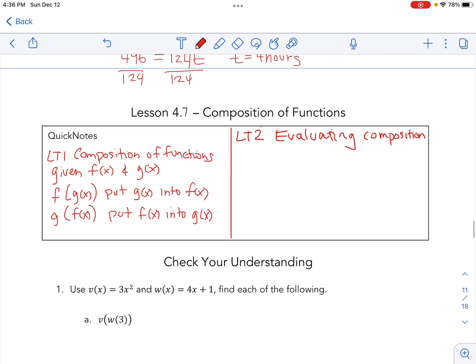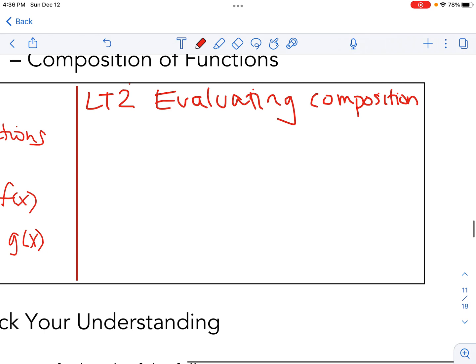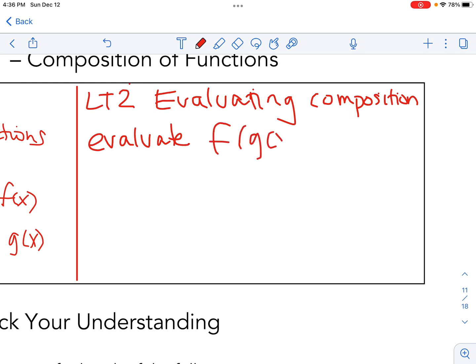So I'm trying to think of some generic way of saying this. So if we wanted to evaluate, let's just pick one of those expressions, f of g of x, then we can plug in a number for x.